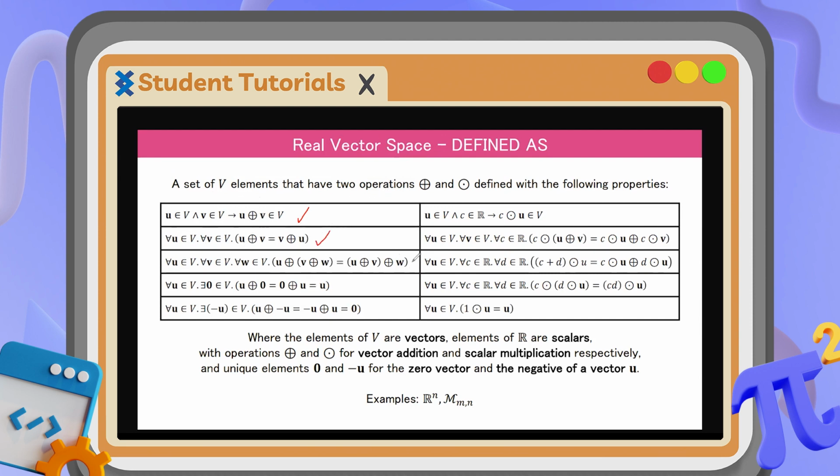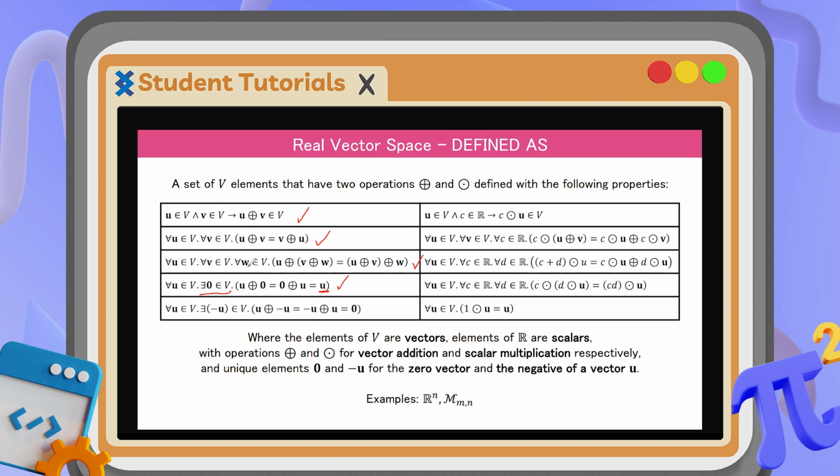Next is the associativity property, wherein adding two vectors or three vectors, regardless of which goes first, should give you the same result. Next, we have, for all elements coming from the set V, there is an existing element, which is the zero vector, wherein, regardless of how you add them together, should give you the original vector.